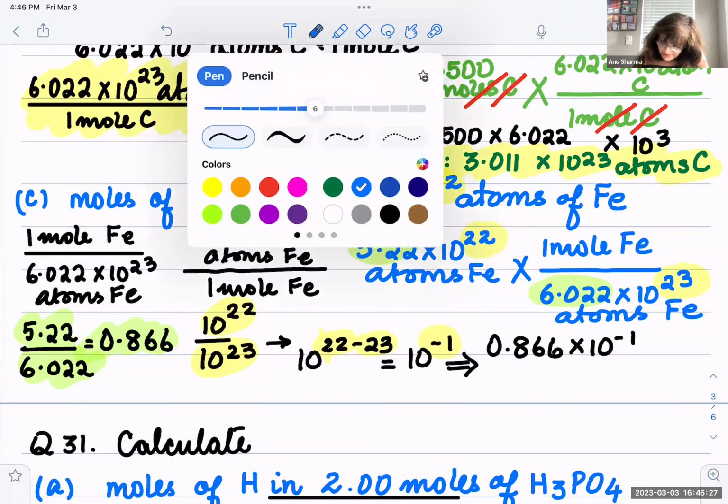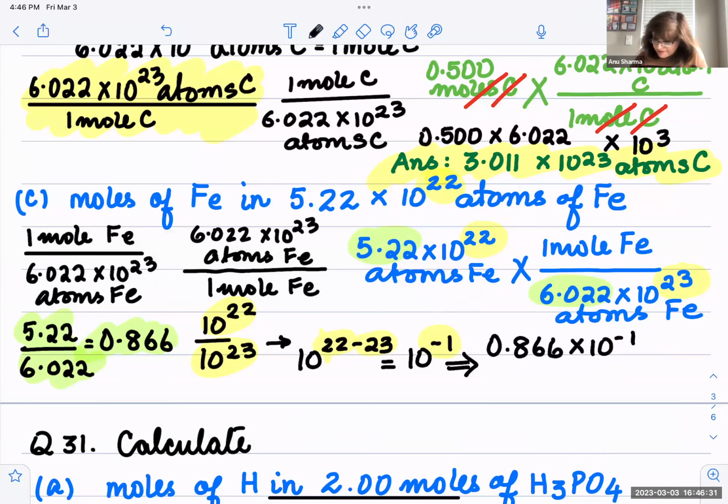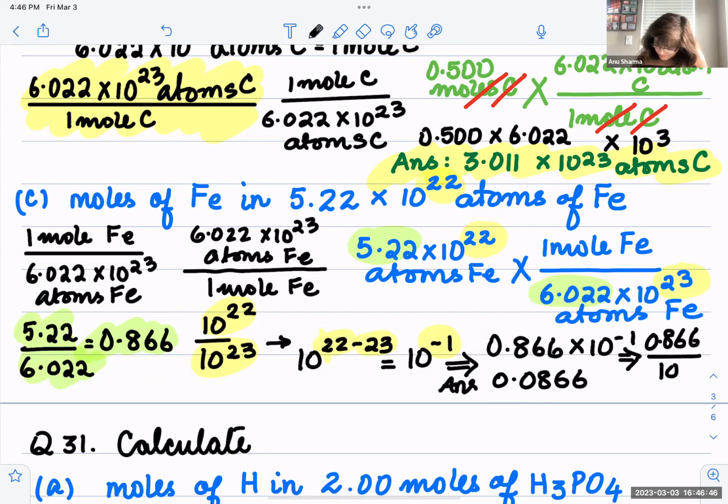So what does this mean? This means that 0.866 is being divided by 10. So 0.866 divided by 10, and that's how you have 0.0866 as the answer. Okay. So if you use the calculator, then you can get it, but always write down what it is. This is the moles of iron. Okay. Sorry about this.